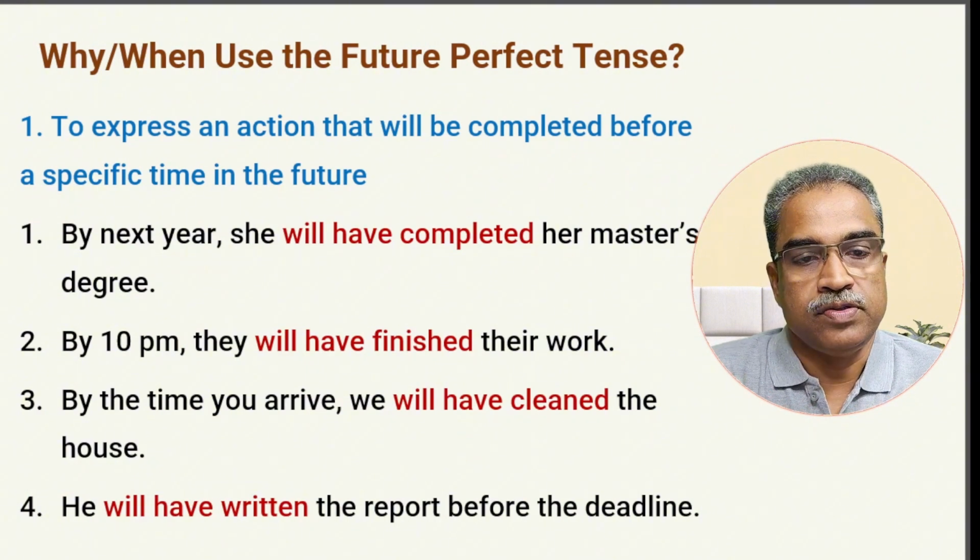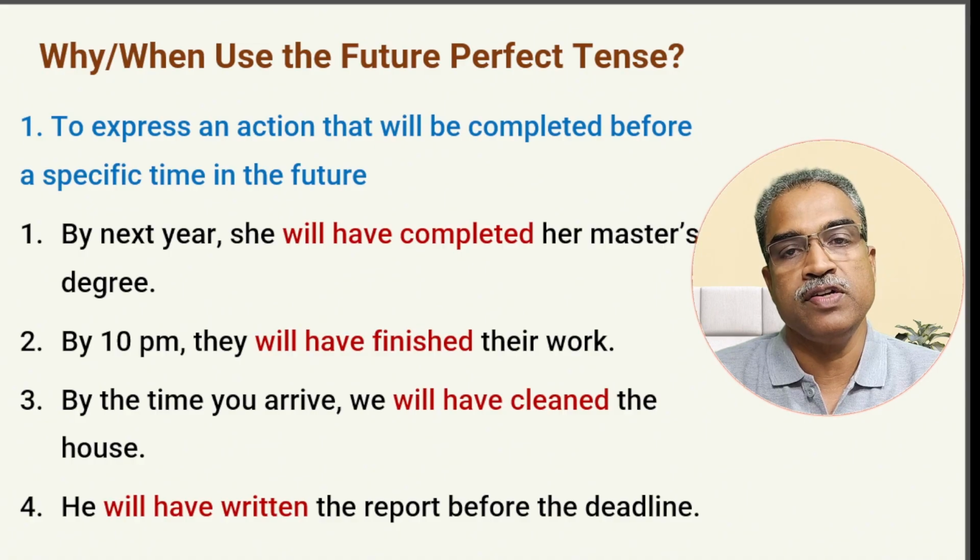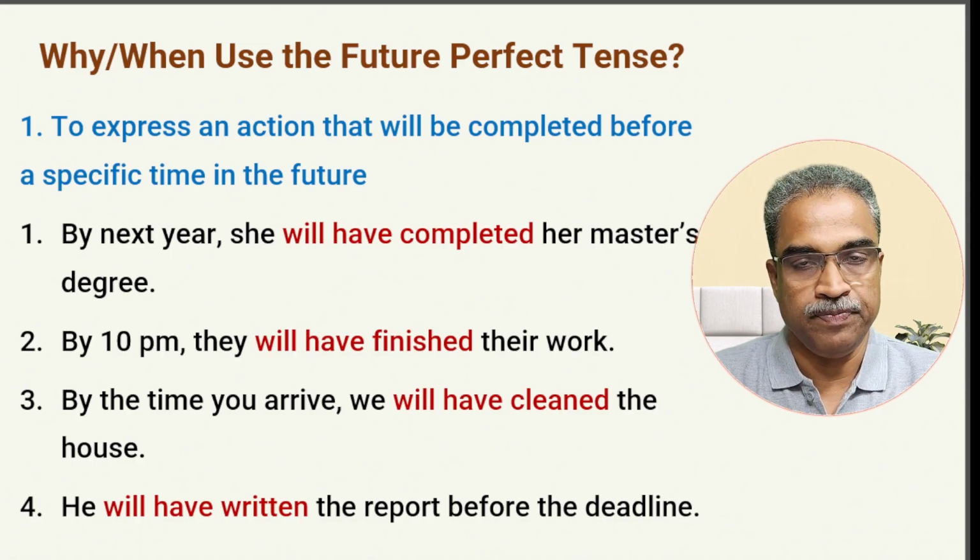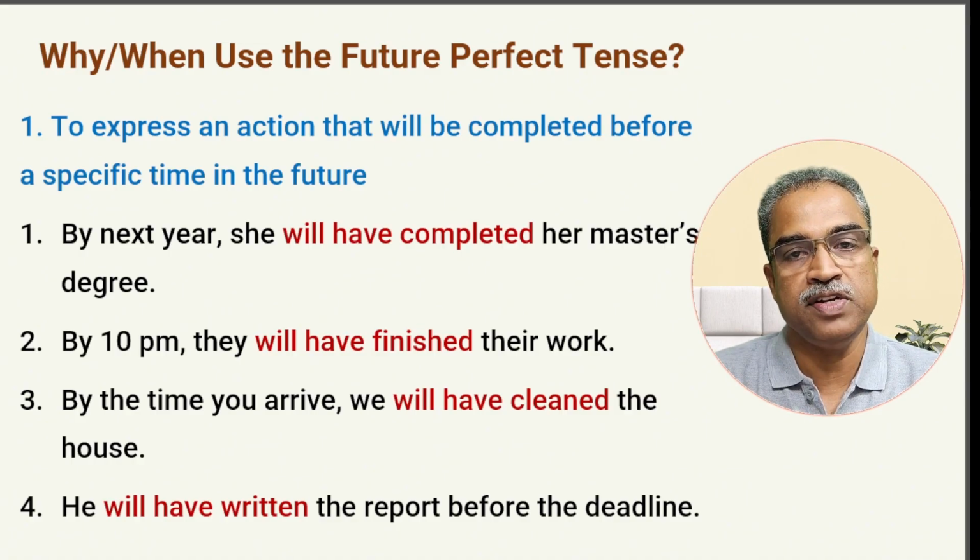So when do we use future perfect? To express an action that will be completed before a specific time in the future. When I started with the statements, I explained this already. This is the main purpose of using future perfect.